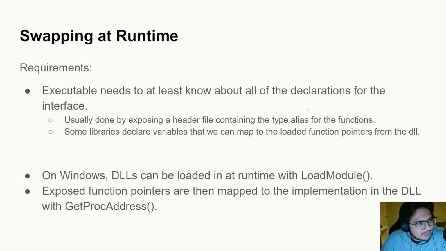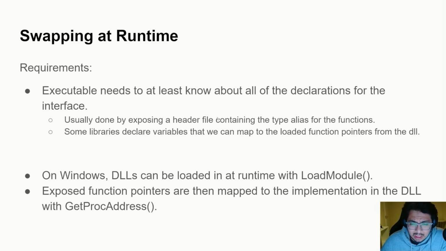Oh, I've accidentally skipped this, but basically I've pretty much explained this part in the example, right? The requirement is the executable needs to at least know about all the declarations for the interface. That's why we have the header file, device.h. Usually this is done by exposing a header file containing the type alias for the functions.